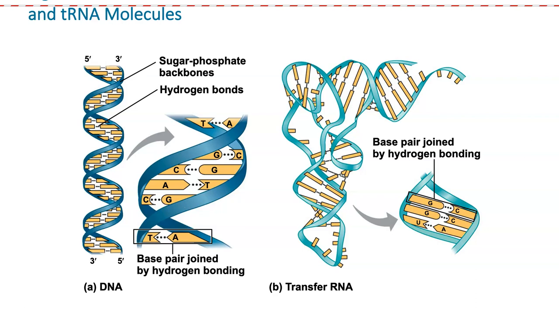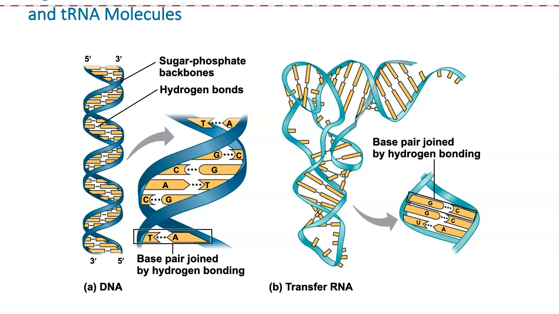We can see hydrogen bonding in RNA too, and I just want to point out very quickly in this pale blue RNA molecule that if we were to follow this ribbon of blue all the way around, it would actually connect back on itself over here.